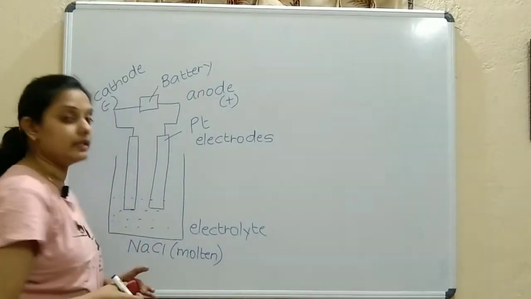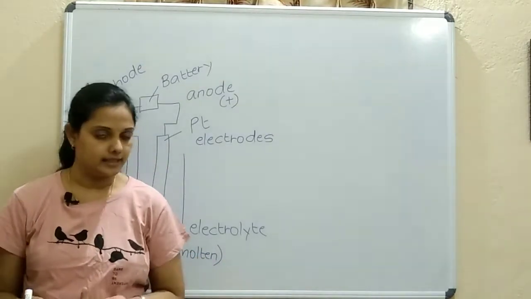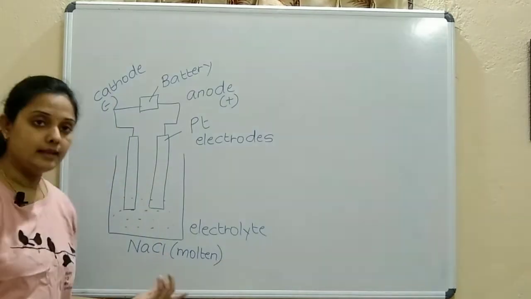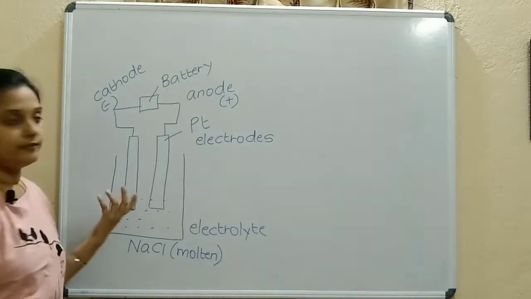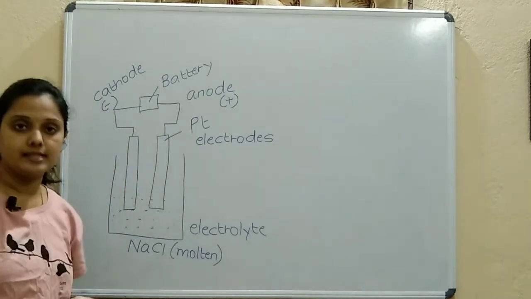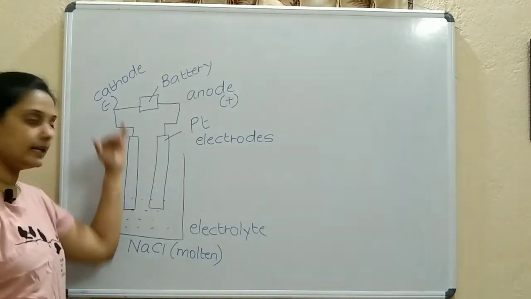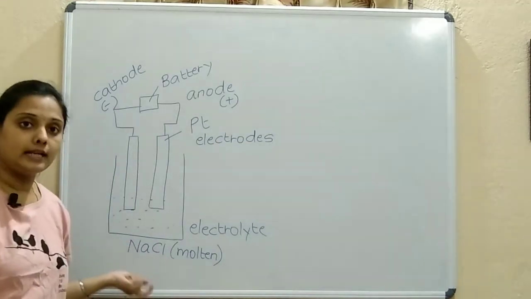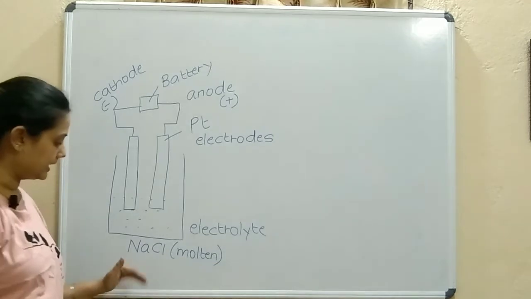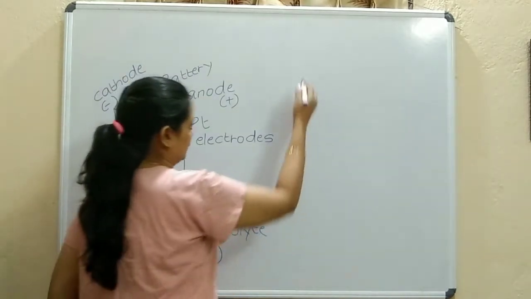Correct? We know that in the solid form it will not conduct electricity. So it is in the molten, melted form. Okay. Now when all the wires and everything are connected, what will happen? Electricity will start flowing, and this NaCl, the electrolytic solution we have taken, will split into two.